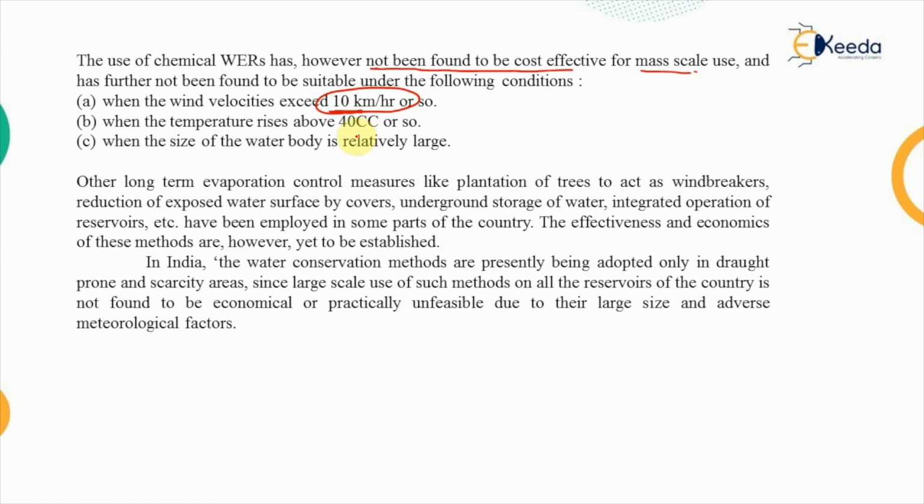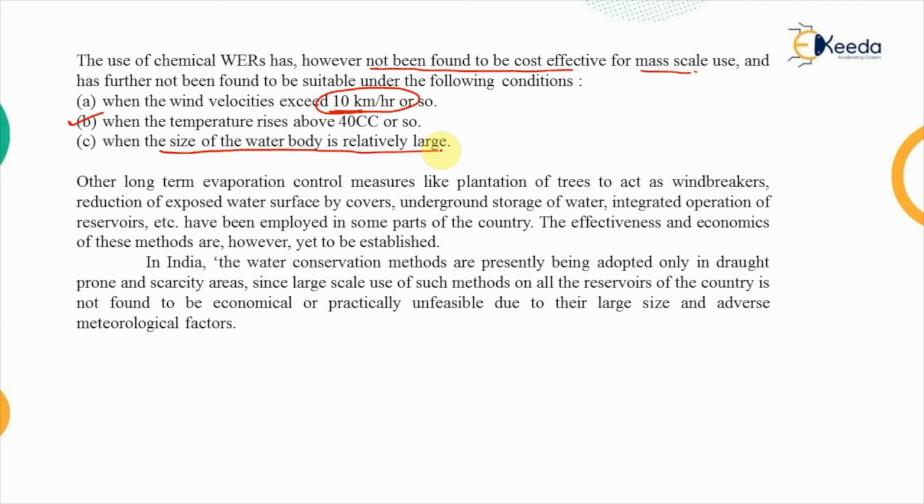Second factor is that when the temperature is rising above 40 degrees Celsius, then in that case also this will not be having any impact, because in that case there might be some chemical reactions. And when the size of the water body is relatively large, the amount of chemical that we will be requiring will be very high. So we avoid that for the mass scale use.